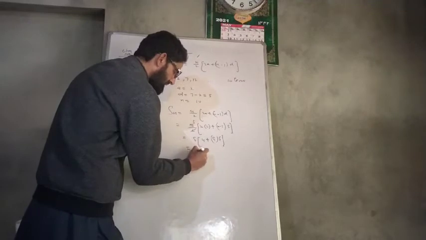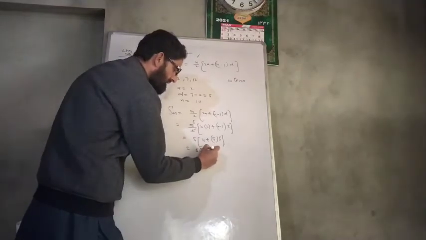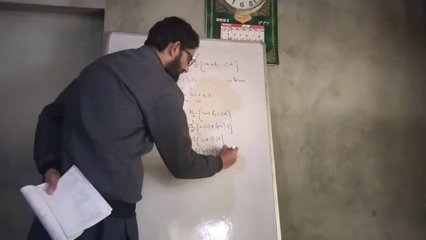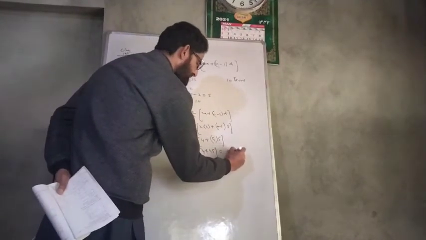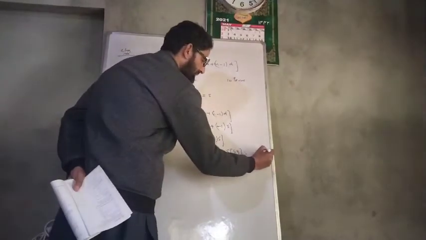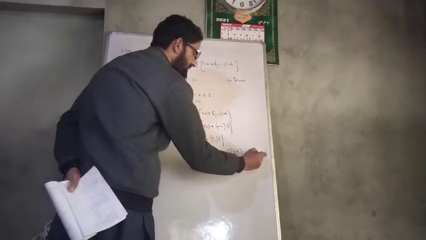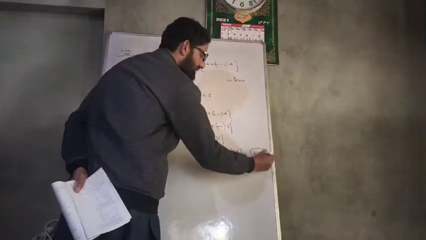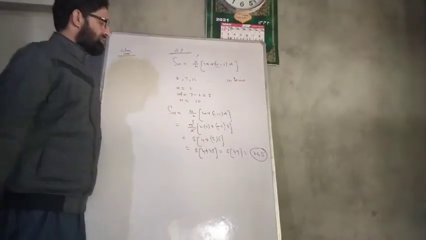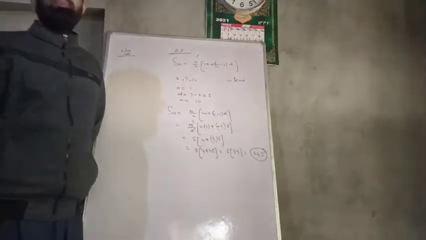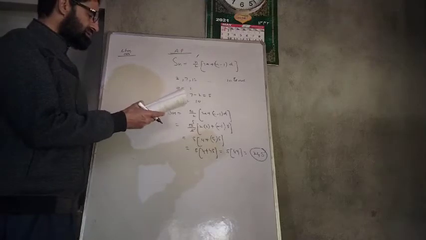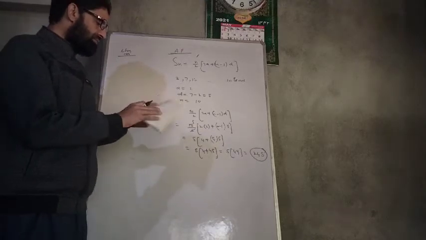So this is further equal to 5 into 4 plus 9 5s are 45, so this is 5 into 49. 5 9s are 45, 5 4s are 20, 245. So 245 is the sum of 10 terms of this AP. You can apply Sn is equal to n by 2 into 2a plus n minus 1 into d for all these parts of question number 1.